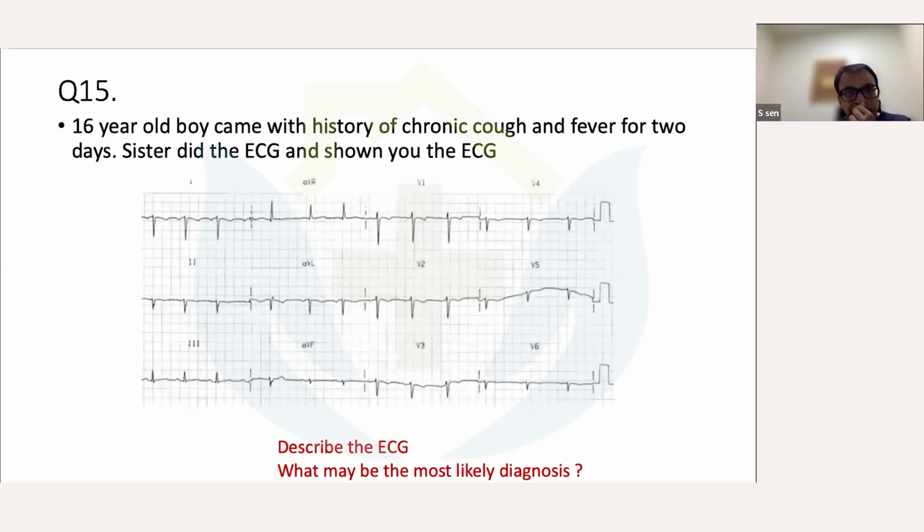Okay, last question. A 16-year-old boy came with a history of chronic cough and fever for the last 2 days. The nursing staff did an ECG, and you see the ECG. Describe the ECG and what might be the most likely diagnosis for this boy. What do you think of the ECG?